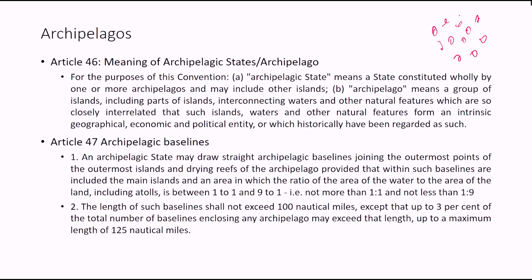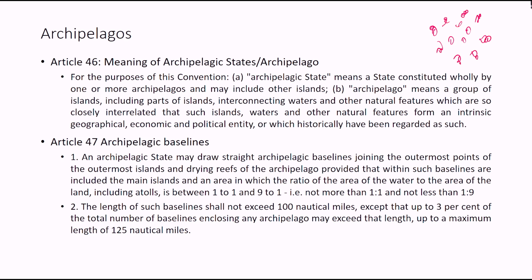The simple rule pertaining to an archipelago would be that we take the outer lines of the outermost islands. Let us say these are the islands that we have. We will take the outermost points of these islands, which are situated on the outermost points of an archipelago.